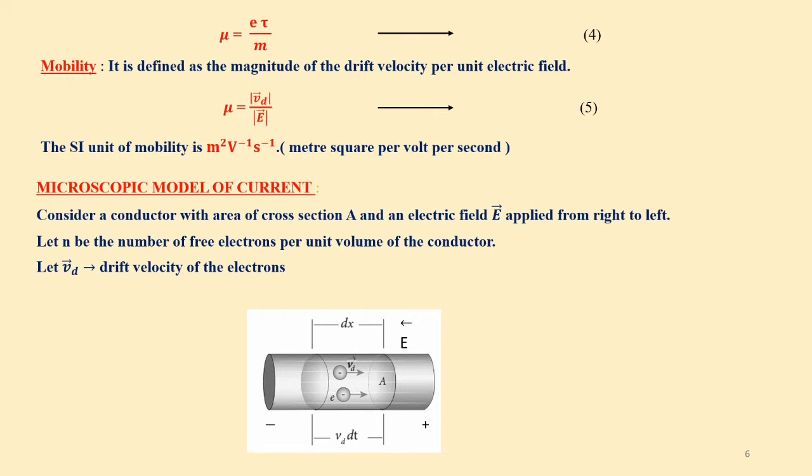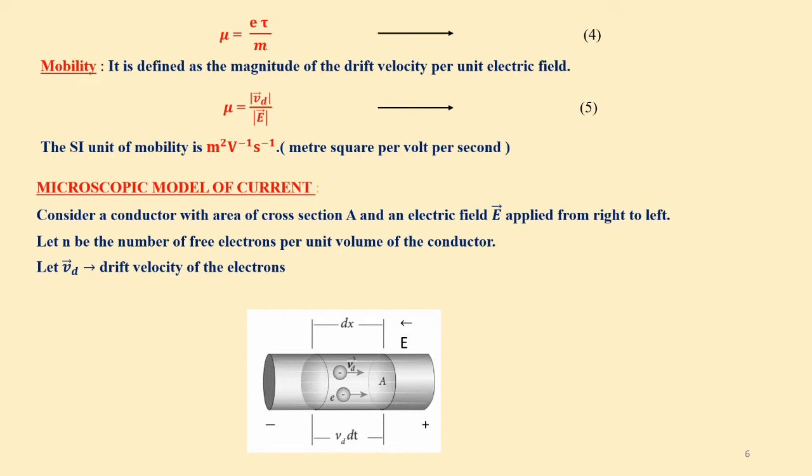Inside the entire conductor, let us now consider a small length dx through which the free electrons travel with a velocity Vd for a small time dt. Therefore, V drift must be equal to dx by dt, or the distance dx must be equal to Vd into dt.